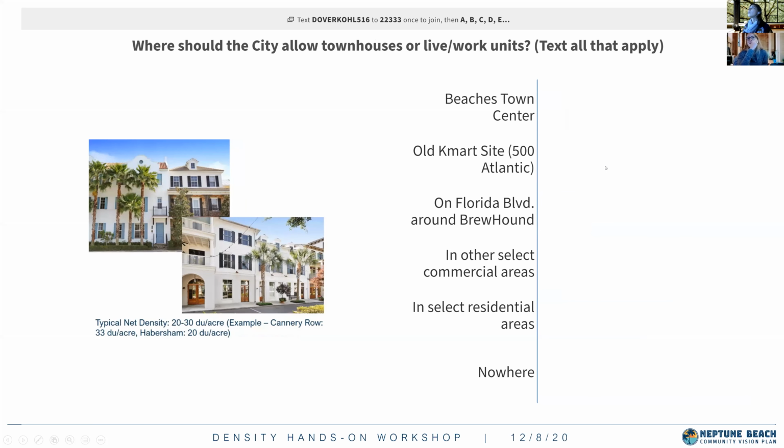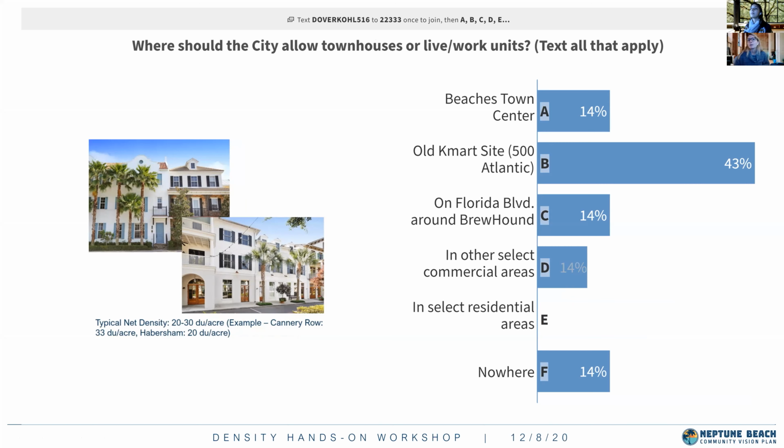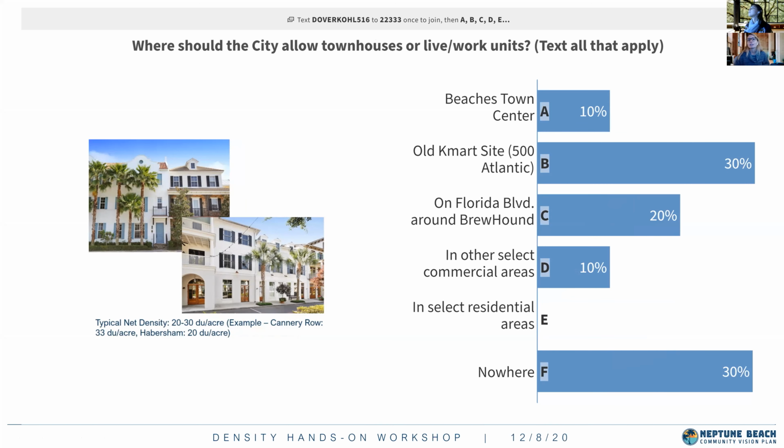And here is, where should the city allow townhouses or live-work units? And we group these together because they tend to be very similar in scale. The main difference is just in a live-work that you can get a small office or a small shop on the ground floor level.